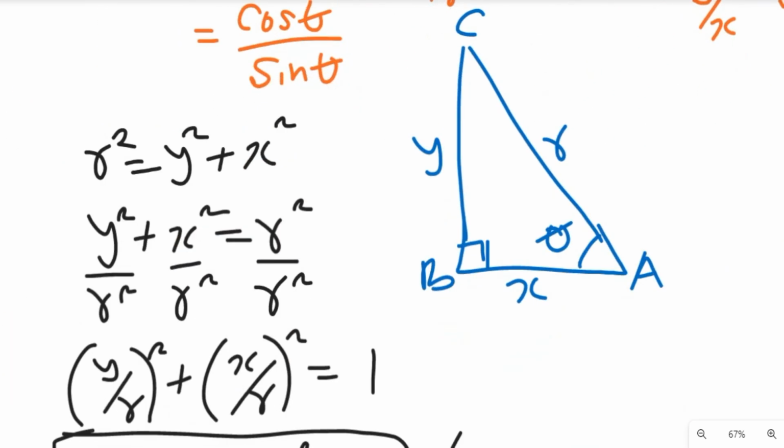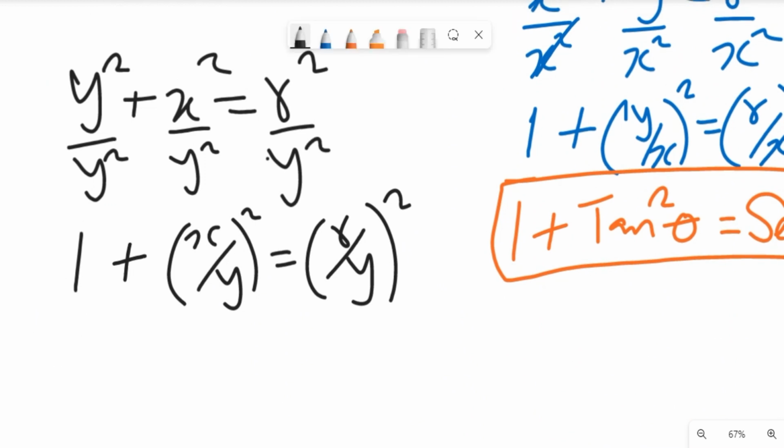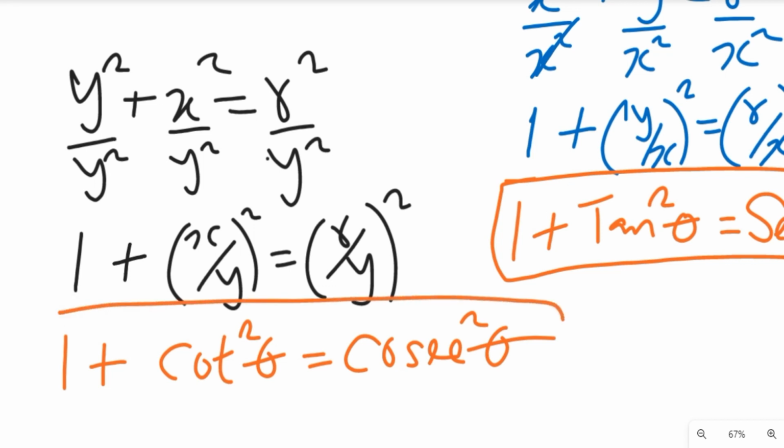So we're going to apply that here and then find the final trig function. The final trig ratio will now give us 1 plus cot square theta equal to cosec square theta. So that means this is another trigonometry function.